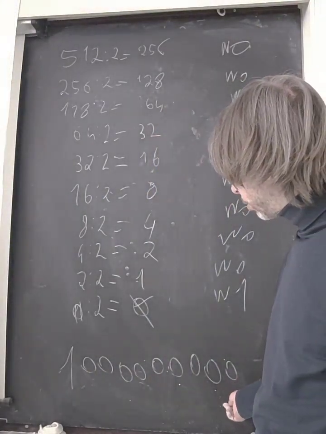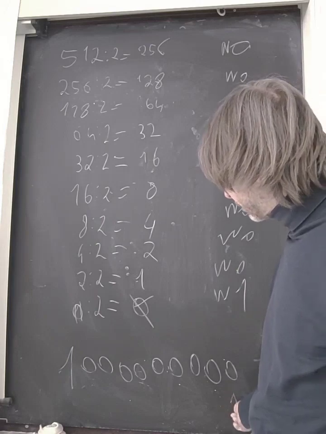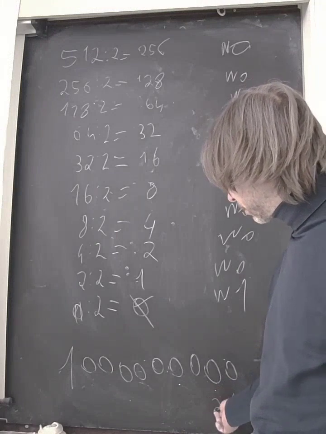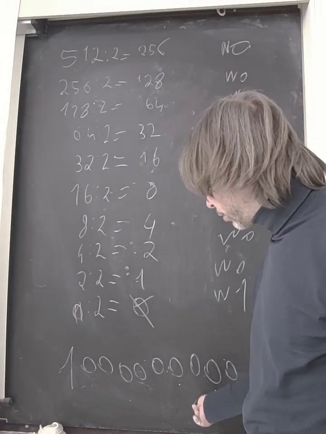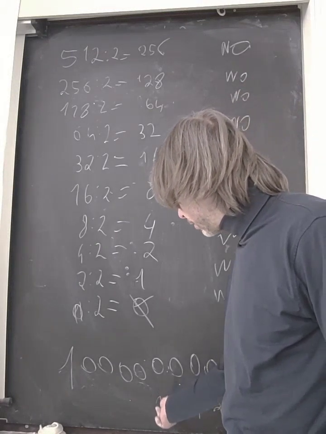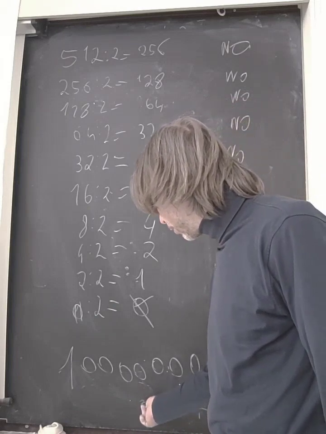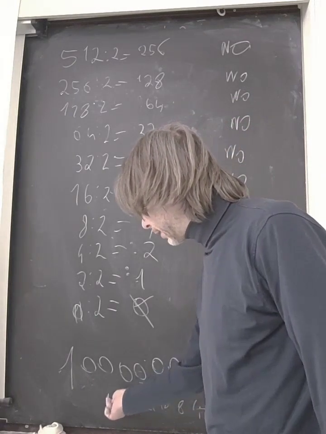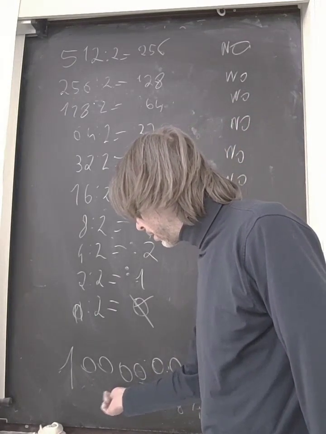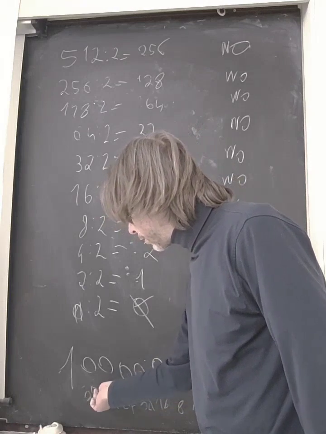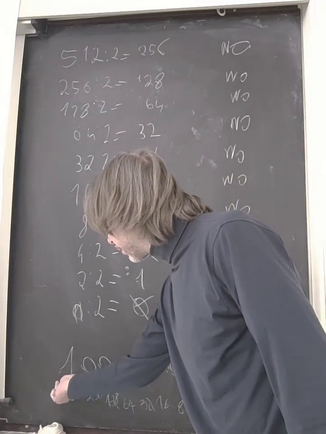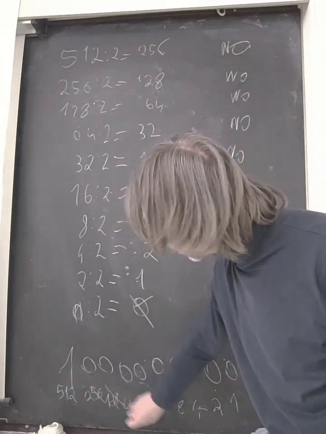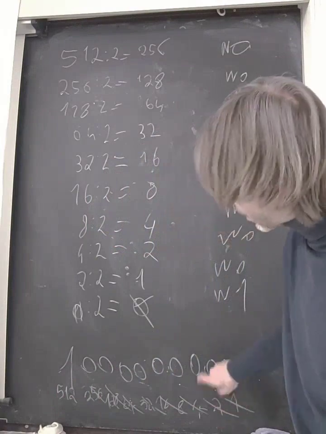This has a value of 1 in computer world, the next has a value of 2, and the next a value of 4, 8, 16, 32, 64, 128, 256, 512. So in total, I have nothing of all these numbers because I got 0.